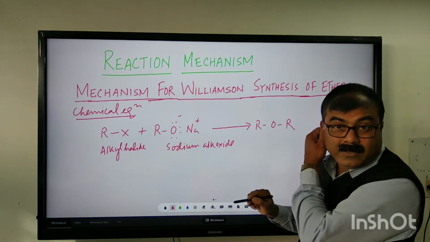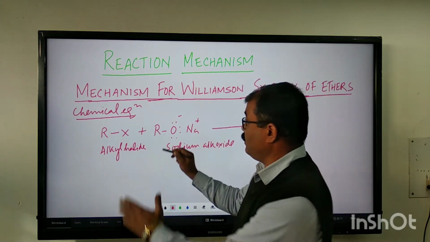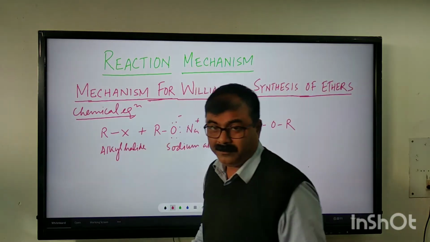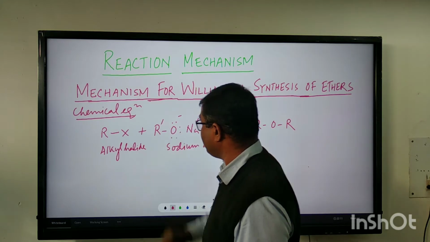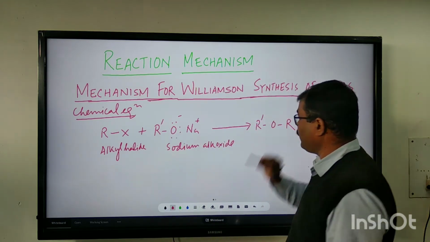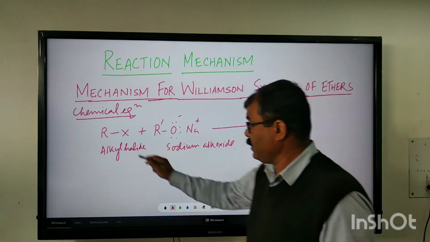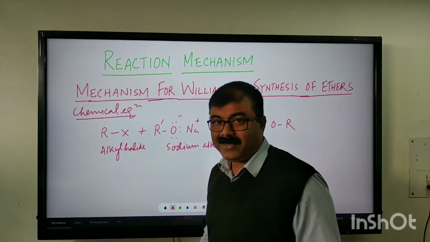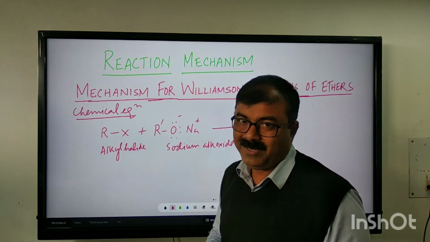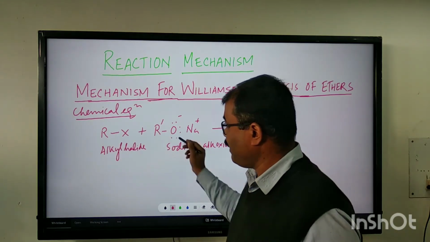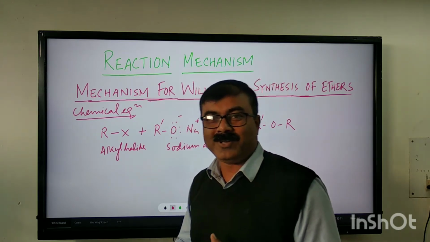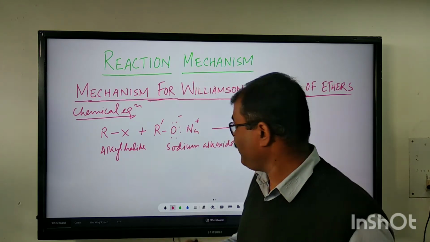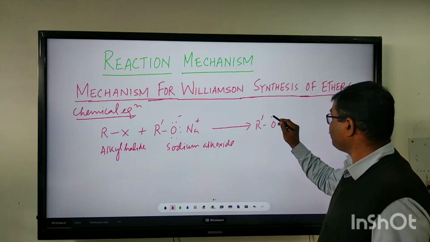ether. Now, to differentiate these two R, let me write this as R dash. R and R dash may be same, may be different, because by this method we can prepare both symmetrical and unsymmetrical ether. Alright?